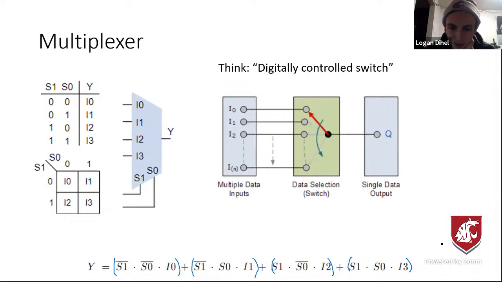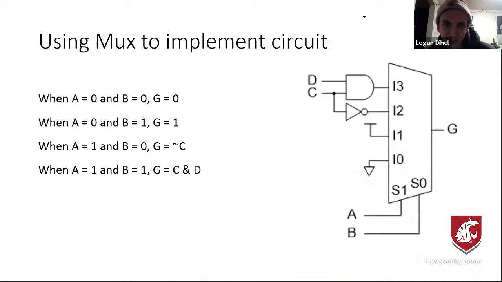And so one application of that is that we can make kind of any circuit we want. So if we're given a description that, hey, when A and B are both zeros, then G is a 0, we just tie I0 to ground. And so when A and B are 0, the select is a 0, so I0 is connected to G, right? And it's hooked to ground. And so same thing here.